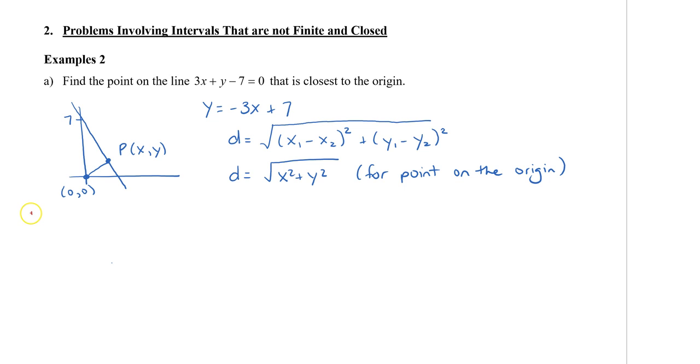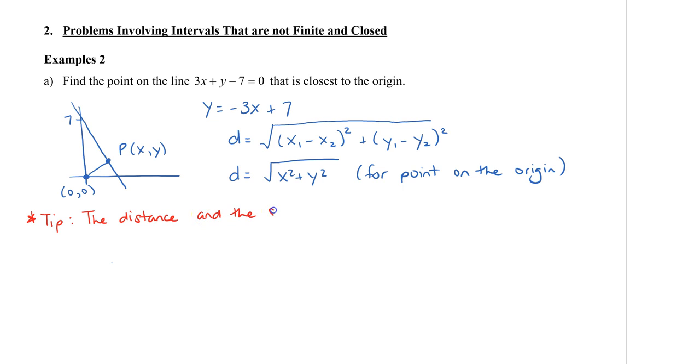Now, a little tip before we do much more: when I want to find the distance, if I square both sides, the square of the distance will actually have its maximum and minimum at the same point. So let me write this down for you.